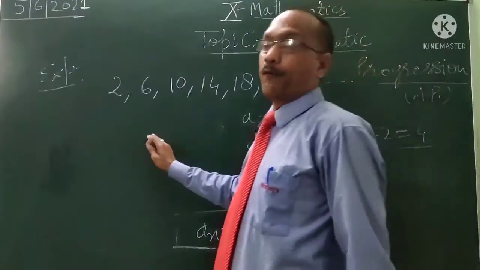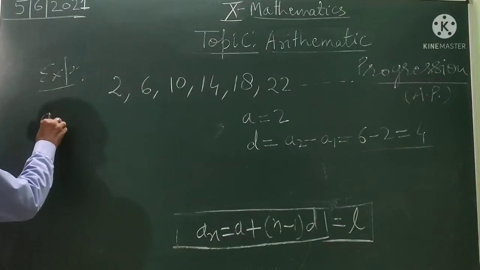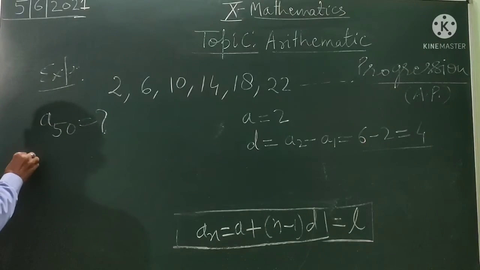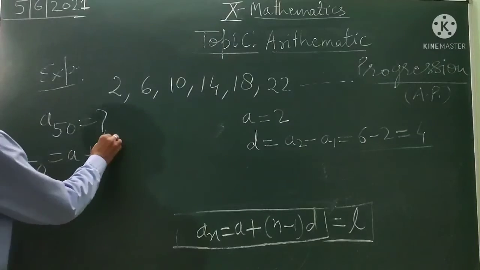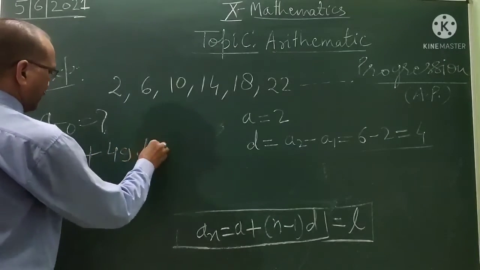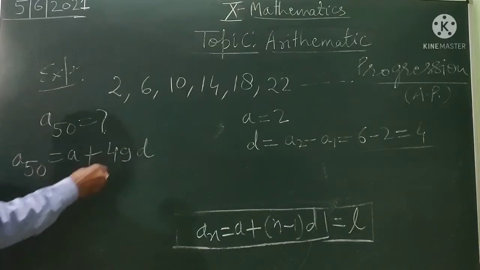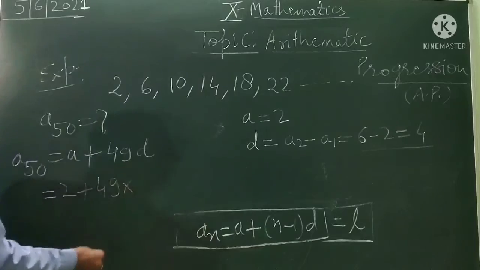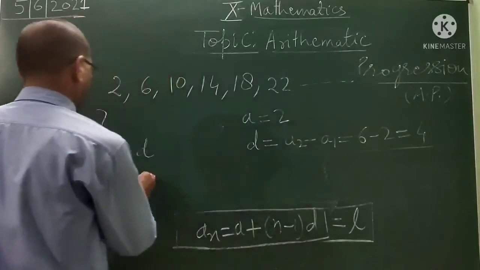Student, now find the 50th term. A50 is what we have to find. So A50 equal to a plus 49d. 50 minus 1 is 49. Here a equal to 2, so 2 plus 49 into d, where d equal to 4.